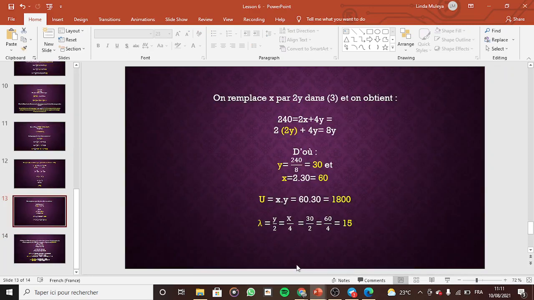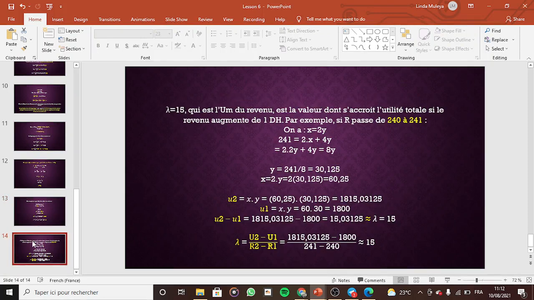And finally, we'll try to find the value of Lagrange, which is y over 2 is equal to x over 4. Y over 2 is 30 over 2, and 60 over 4 is x over 4, which gives us the same value of 15. And that's pretty much how we apply this last part.